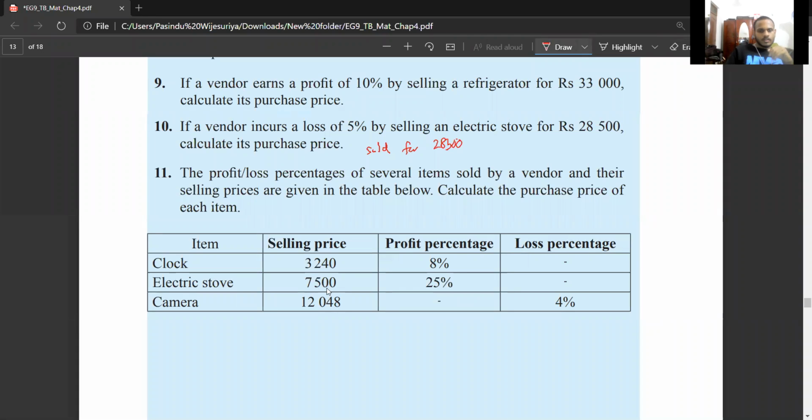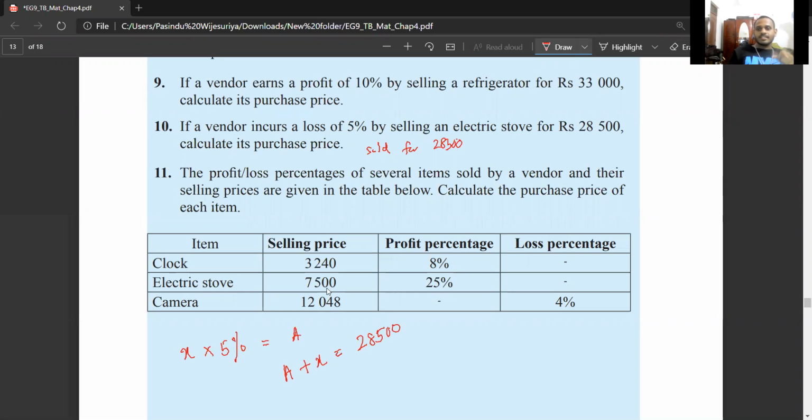So x into 5% will be a value. Then let's say this is a. Then a plus x will be equal to 28,500.